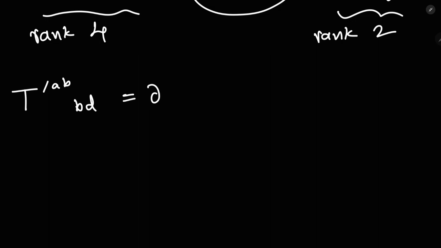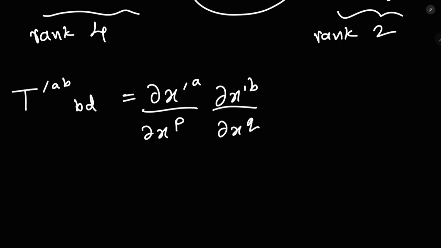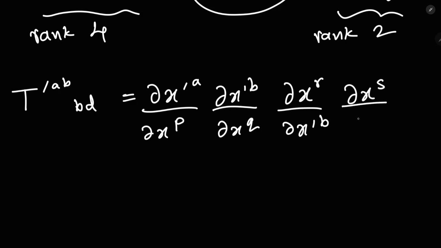So this will just give us del x' A upon del x P, del x' B upon del x Q, transforming contravariantly with respect to A and B, and covariantly with respect to B and D, which I'll write as del x R upon del x' B, del x S upon del x' D, and we have T^{PQ}_{RS}.